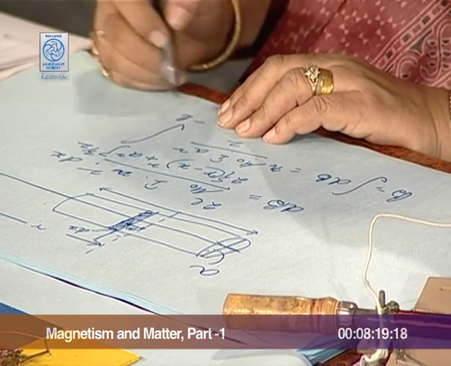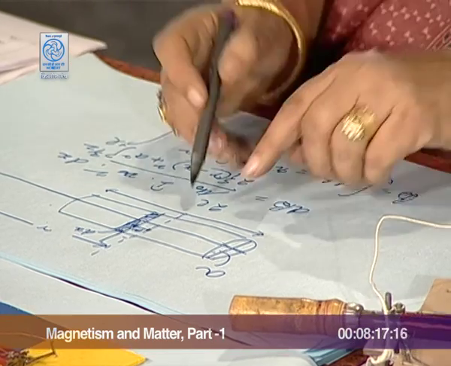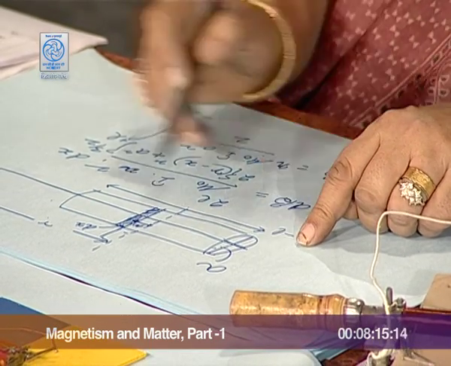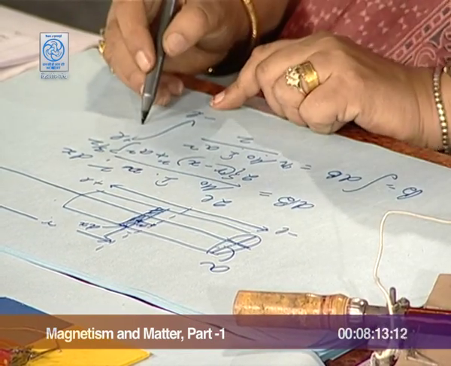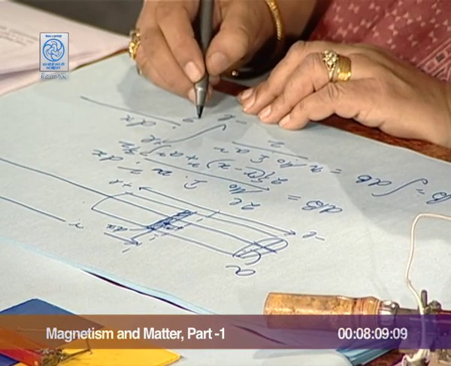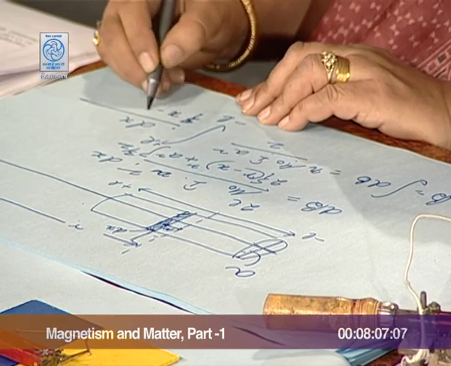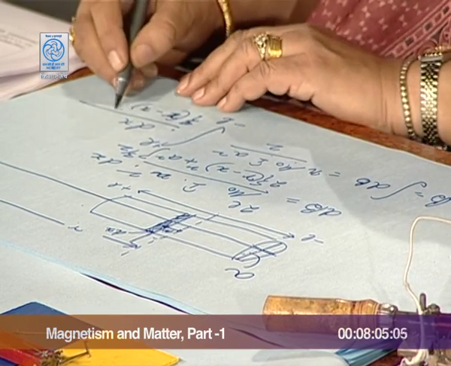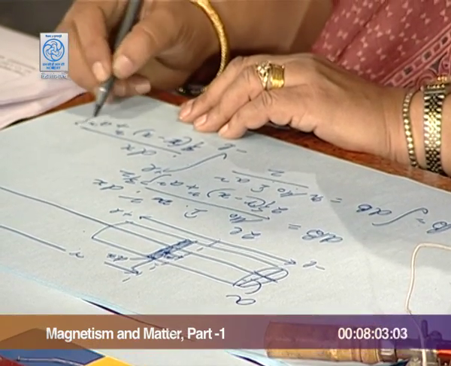And from minus L to plus L, from the center minus L would be this and this would be plus L, and all the way the denominator remains the same, r minus x the whole square plus a square raised to 3 by 2.